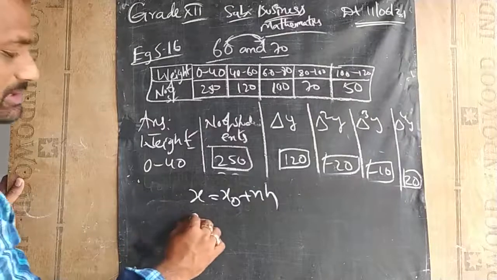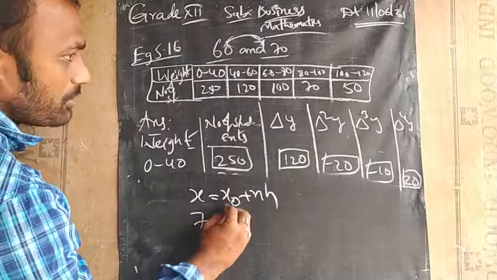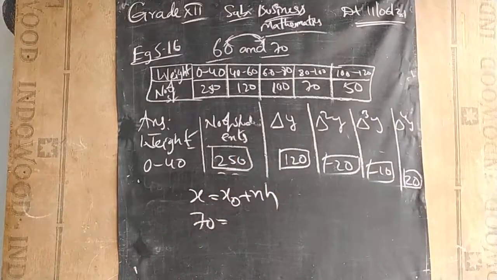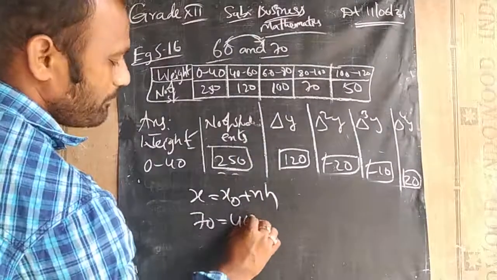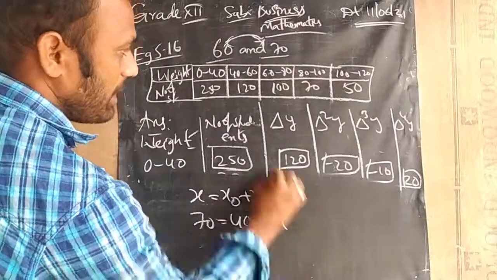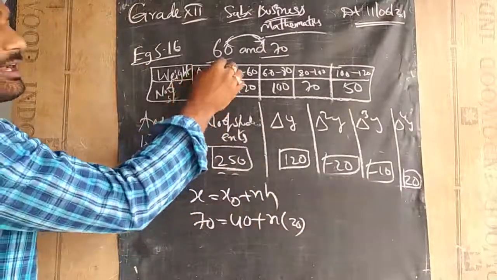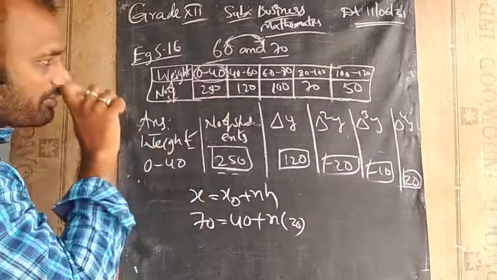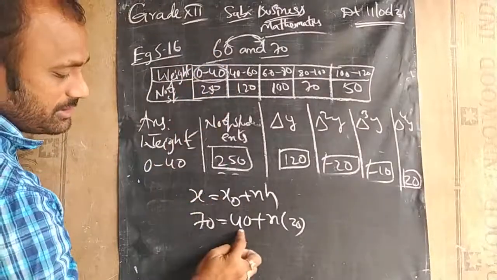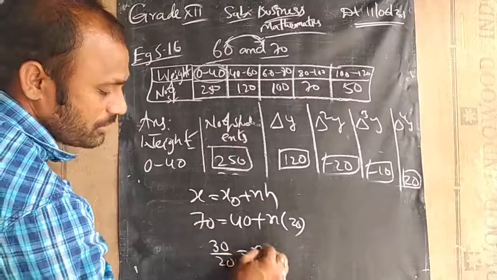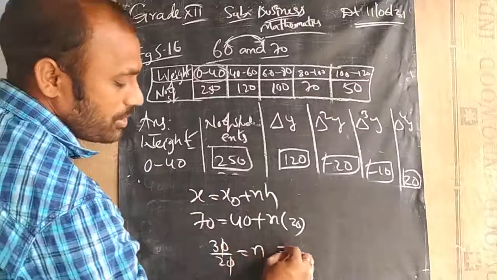So x value is 70. 70 is equal to x naught, which is 40, plus n into gap, which is 20. First case is 40, but we can take it as less than 40. This is cumulative frequency case now, we cannot consider that. 70 minus 40 is 30. So 30 by 20 is equal to n value. So n is 1.5.